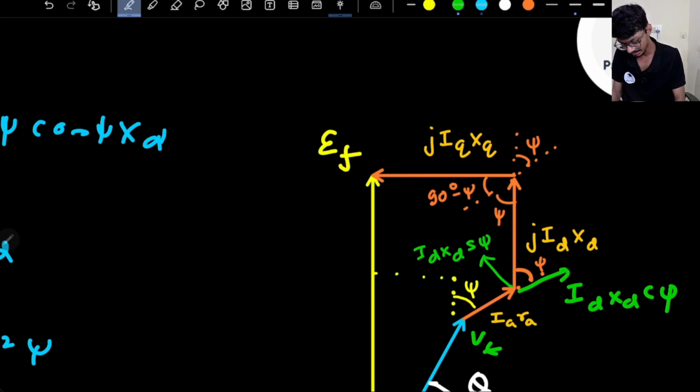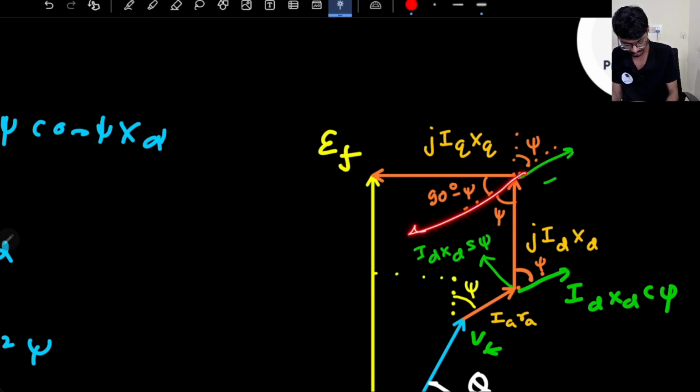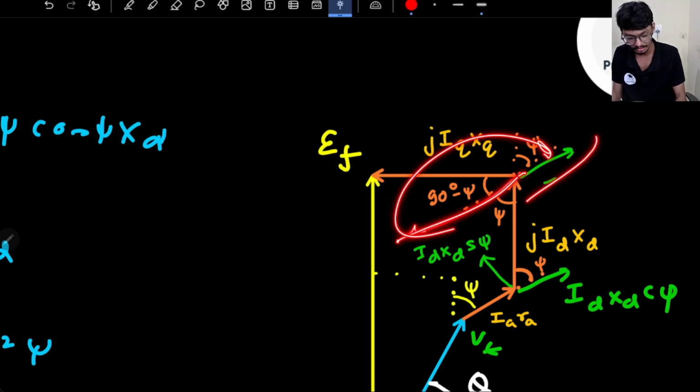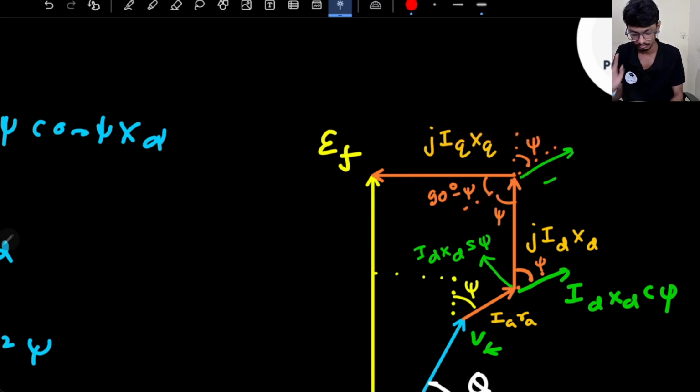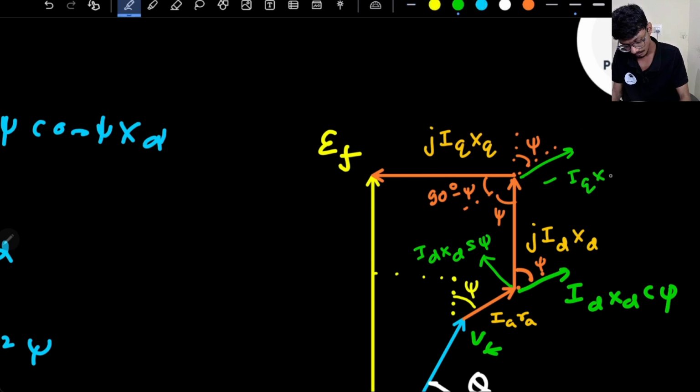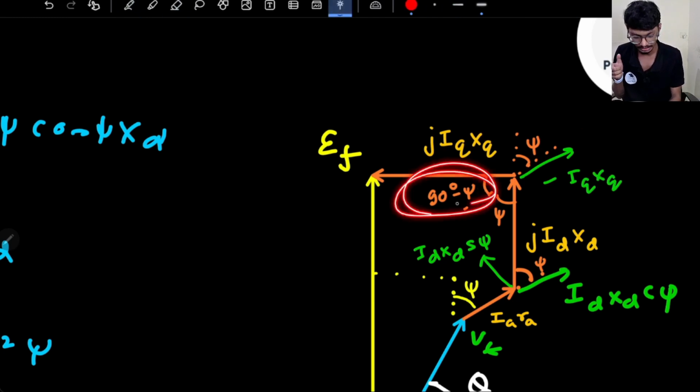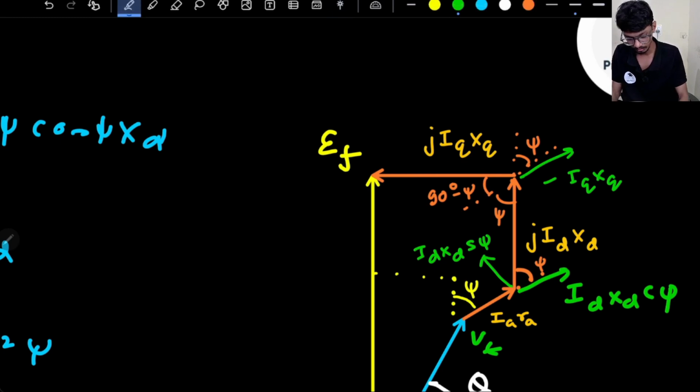I will write this in this direction, but I will write negative because actually it is supposed to be in this direction, right? If I am rotating 180, I just get a negative sign. So minus Iq Xq into what is this angle? This angle is 90 minus xi. So cos of 90 minus xi is sin xi.